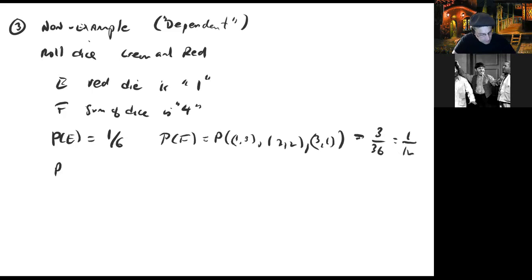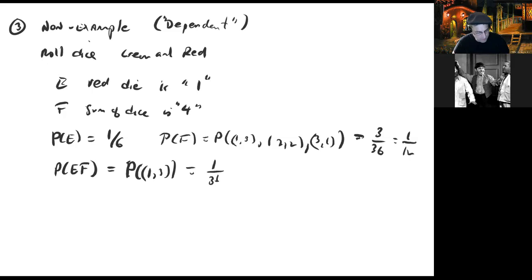Now, what's the probability of E intersect F, or probability EF as I've been writing it? Well, that's the probability that the red die is 1 and the sum of the dice is 4. So that's the probability of the following outcome: 1, 3, and that's the only outcome which works here. That satisfies both conditions, and that's 1 out of 36, right?